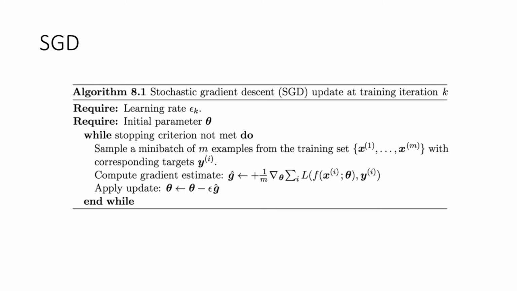So this is our SGD, stochastic gradient descent algorithm. It is exactly the same as normal gradient descent, except we will sample a mini batch of examples from the training set, take the sum of the loss over each of those items, or the average loss, because we're dividing by n, and compute our gradient estimate, and then apply a normal gradient descent update.